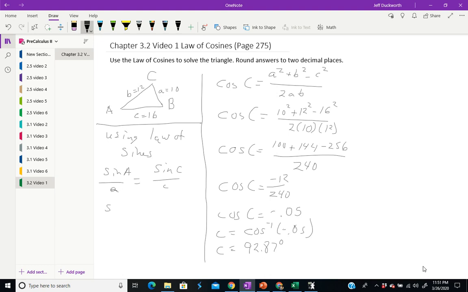So ultimately, we're going to solve for A. Little a is 10. Sine of C, we have the 92.87. Oh, sorry, that's C. Let's get rid of that.